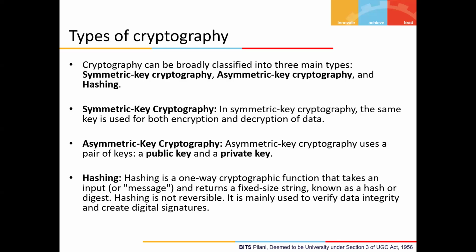You perform a hashing algorithm over that data and you get a fixed size string. There are several hashing algorithms, like SHA 512 and MD5, but the ones currently in use are SHA 512 or SHA 256.